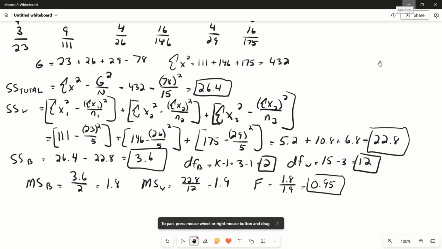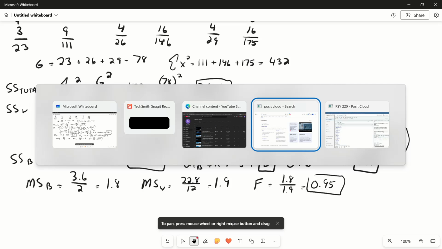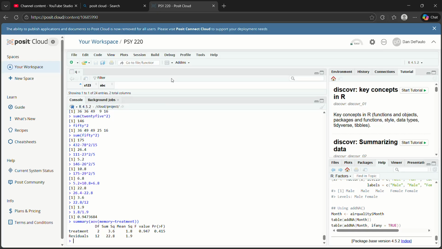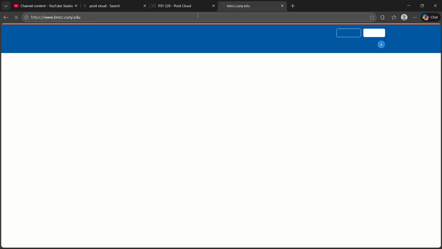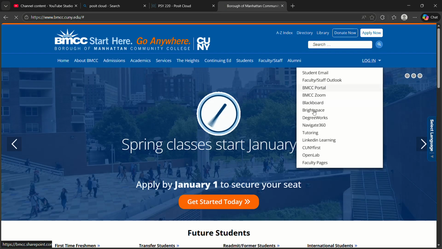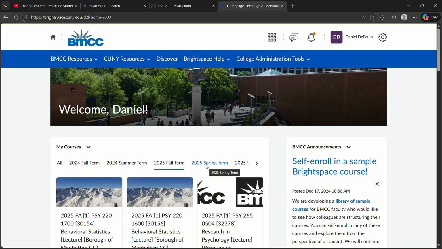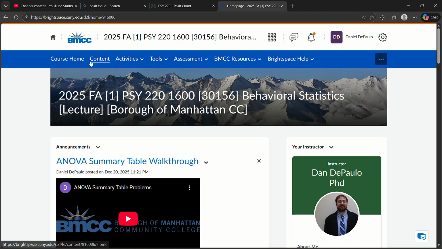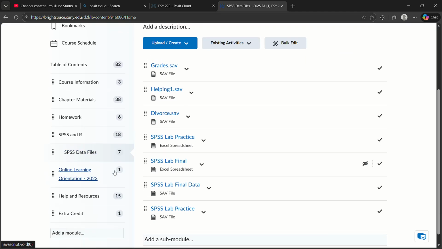So let's look up the critical value. Let's go into the table in Brightspace to find the critical value. So I'm in the table in Brightspace and I'm finding the critical value here.